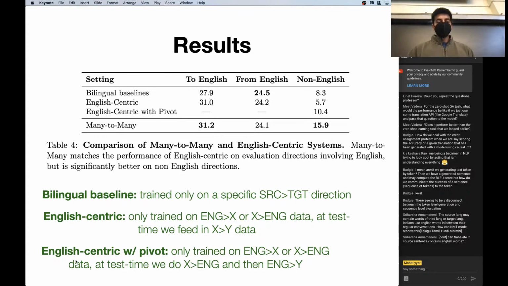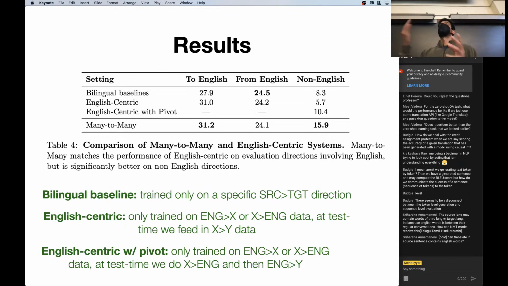And finally, we have the English-centric with pivot, which is what I mentioned in my response to you, where you actually do the translation into English, then you do English to the other language. So you're doing two separate phases here. And if you look at the results, this is the average BLEU score of all of these 100 languages to English.